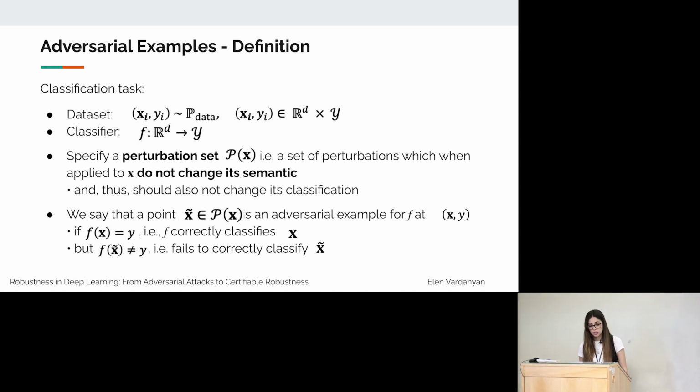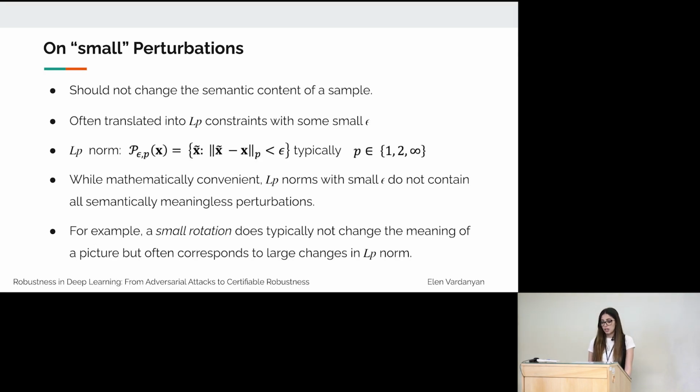We also want to specify a perturbation set Pi(x), the set of perturbations we can apply to x that are not supposed to change the semantics. So they do change the data, but not the semantics, and since the semantics should be the same, we should also get the same class as before.